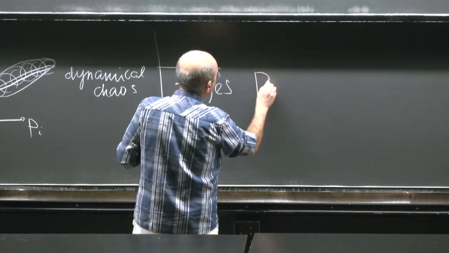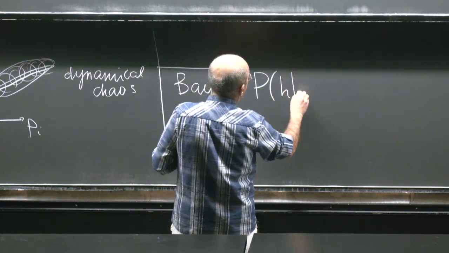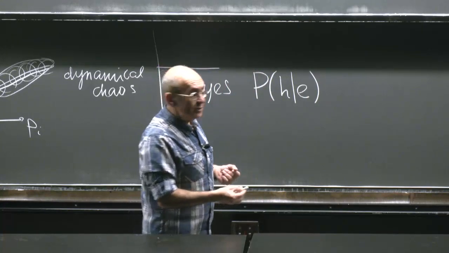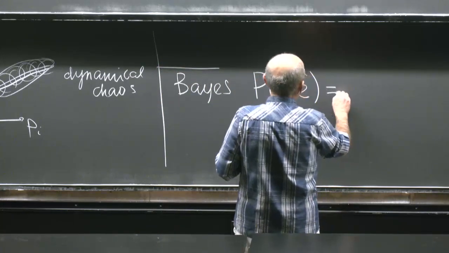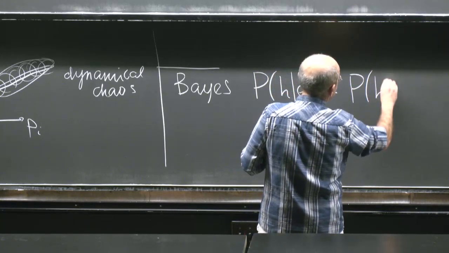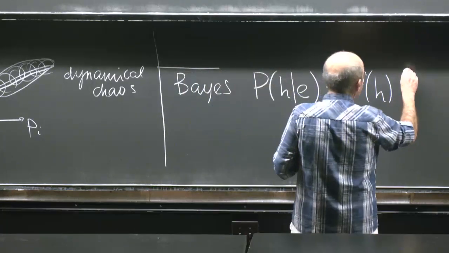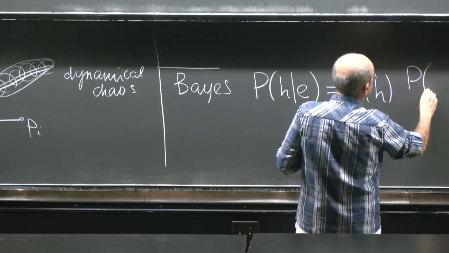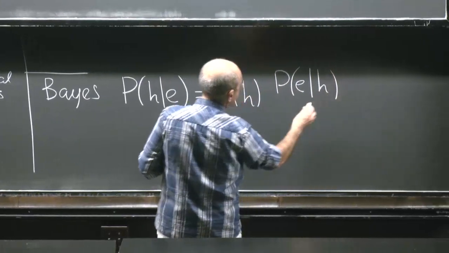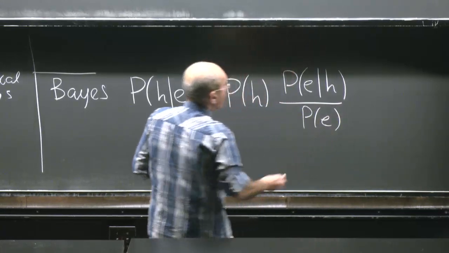And it tells you that the probability of this hypothesis to be true under the condition of a given evidence could be computed: you need to take a prior probability of this hypothesis to be true without any evidence and multiply it by this factor, which is the probability of this evidence under this hypothesis being true, divided by the probability of this evidence.